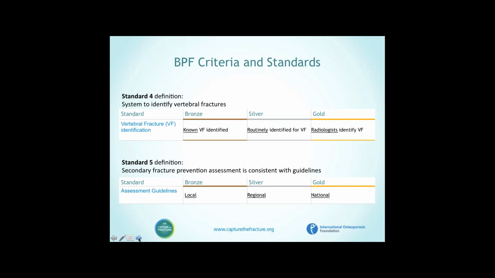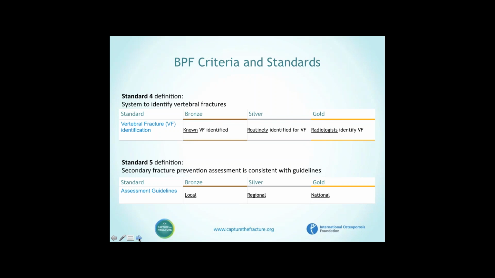We understood that vertebral fractures were a challenging group for case identification, so we created a separate standard for these patients. Bronze is where the patient presents to the healthcare system because of their fracture, either to a spine clinic or to another clinic. And bronze is for those patients to be included into the FLS.